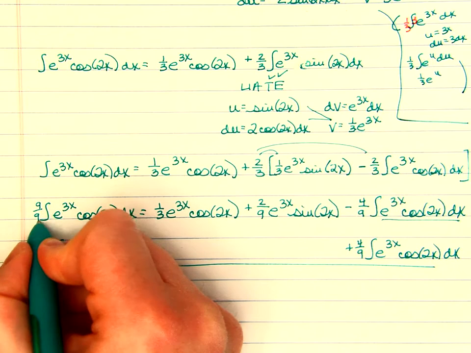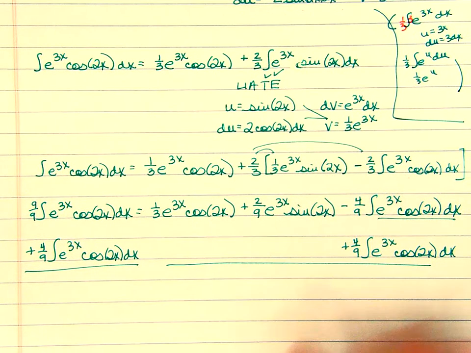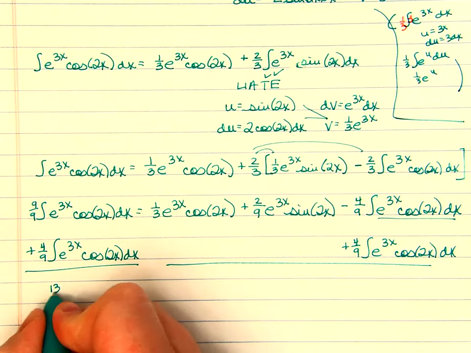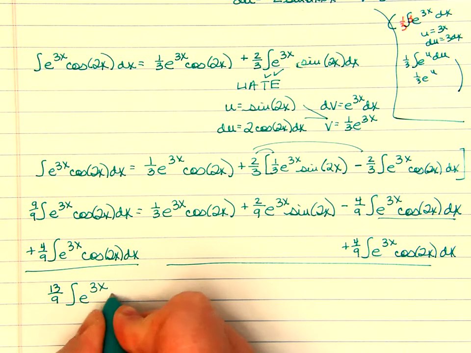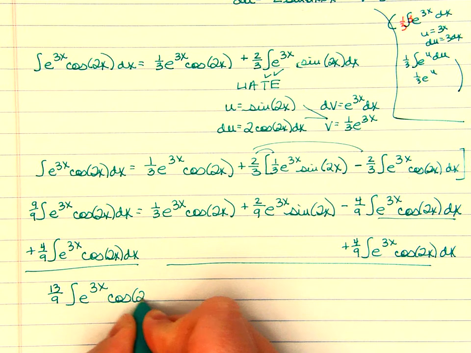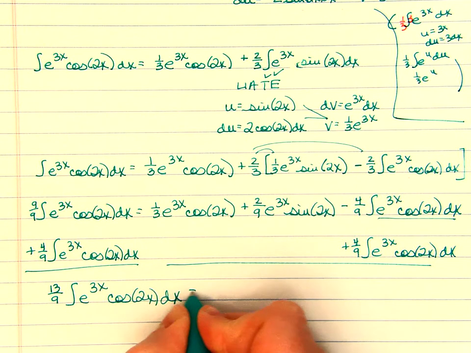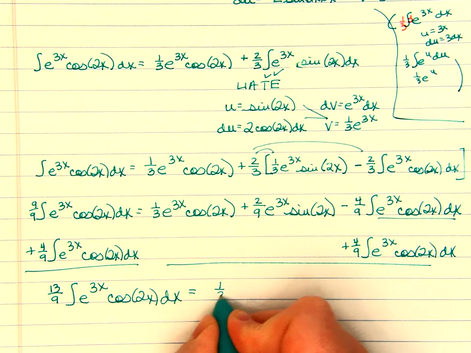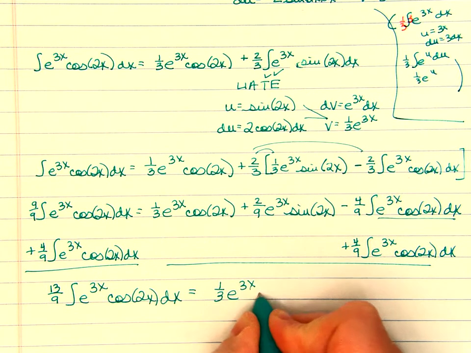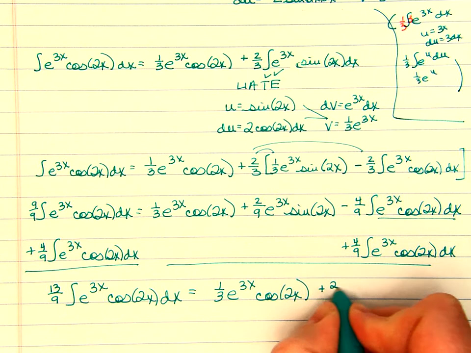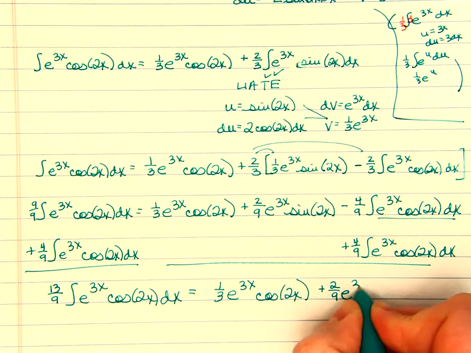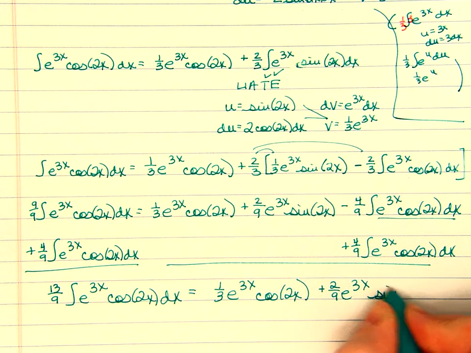It's like 9/9 of those plus 4/9 of those things. I'm going to get 13/9 times the integral of e to the 3x cosine 2x dx. And on the other side, that equals 1/3 e to the 3x cosine 2x plus 2/9 e to the 3x sine 2x.